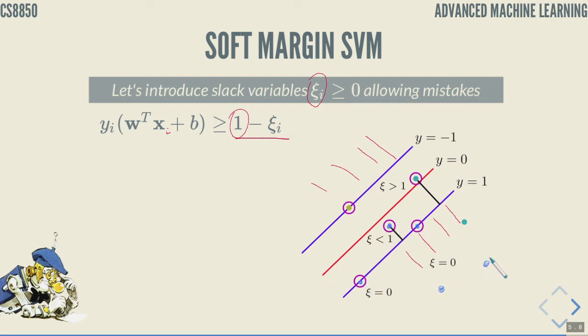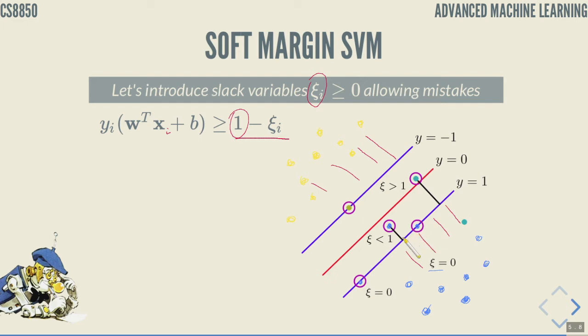So there's this teal class or blue class, and for everything that's on the correct side of the hyperplane, constraints are inactive and slack variables are also inactive. The same holds for the other side: slack variables and constraints are inactive for correctly classified samples.